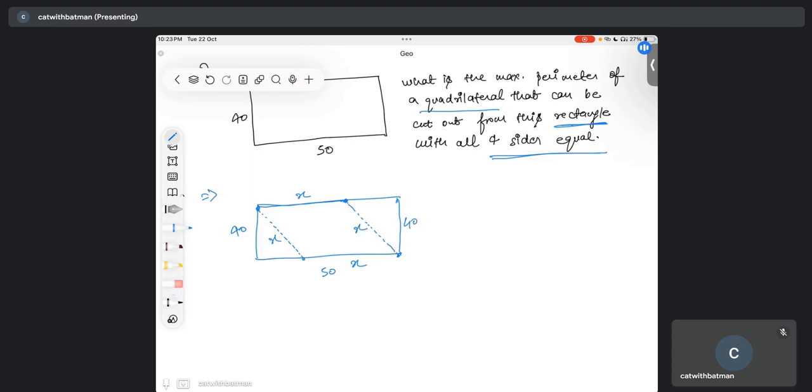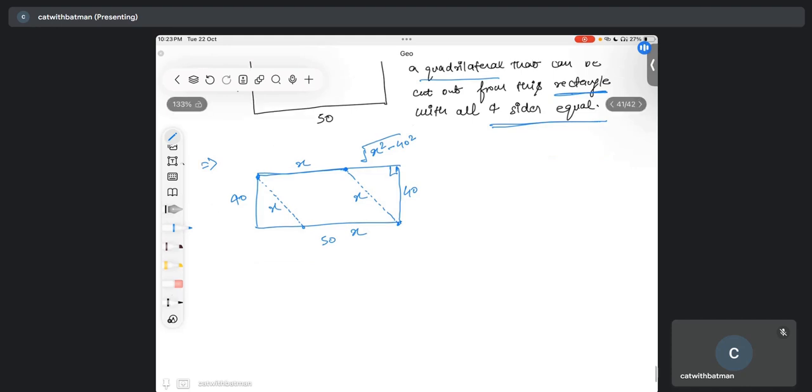So this is 40, and since this is a rectangle, this will be how much? Applying Pythagoras theorem, this would be root of x square minus 40 square. So now if I add them, x plus root of x square minus 40 square will be equal to how much? This is given as 50.